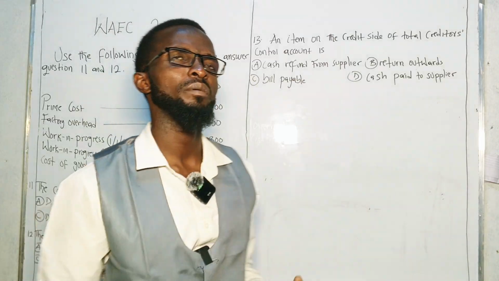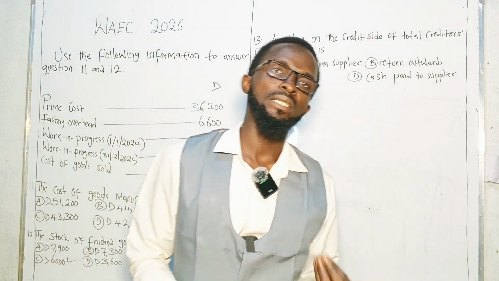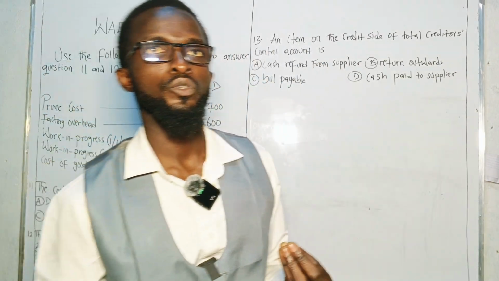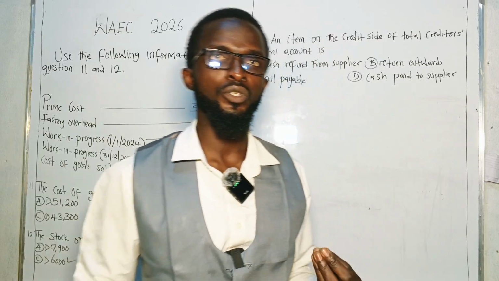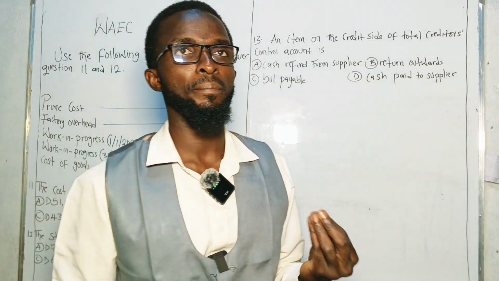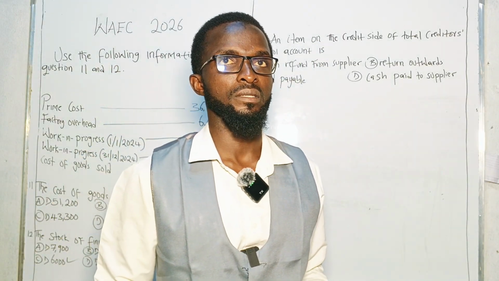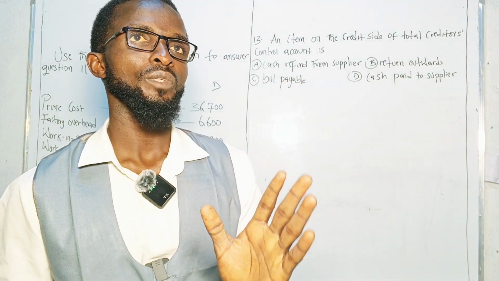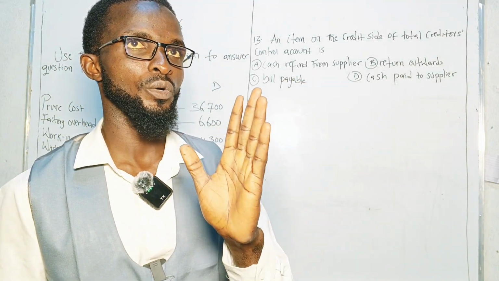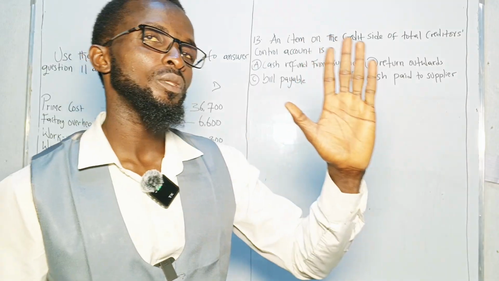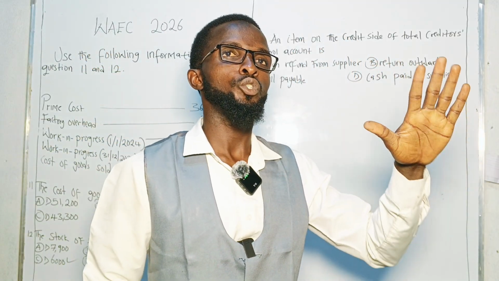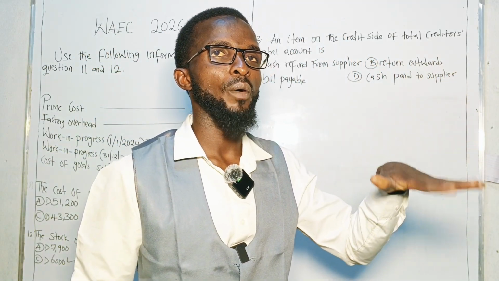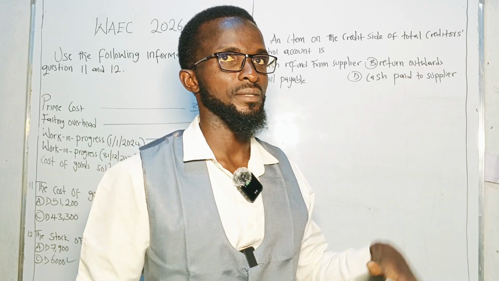control account. Remember, creditors control account is an account of those we owe money, our suppliers. So whatever is on the credit side shows the amount we owe them. Whatever is on the debit side reduces the amount we owe our suppliers.